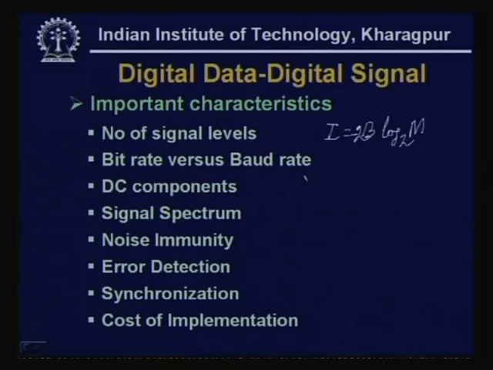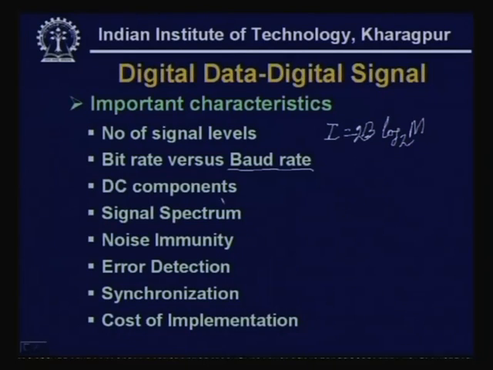If you use multi-level encoding, then the baud rate will be less than the data rate, but in some cases the baud rate can be more than the data rate. So, that we have to decide. Obviously, we shall prefer lower baud rate, so that we achieve higher data rate of transmission through the transmission media.